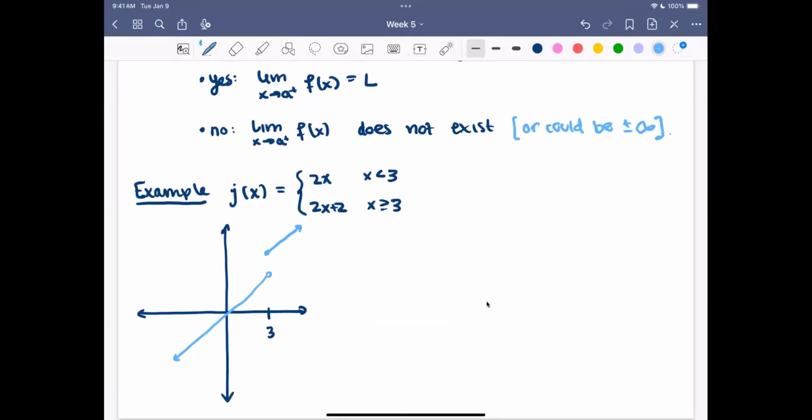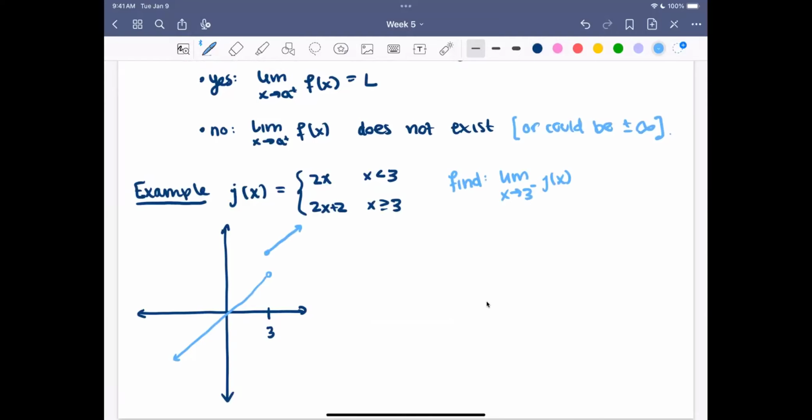So something like that. The slope is not to scale, but we have this line, and then at some point it jumps up to a higher line. Okay, so we're going to find the limit as x approaches 3 from the left of j of x.